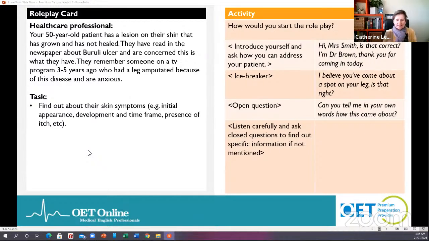Then we're going to listen to their answer and fill in the gaps. So we want to find out as much as possible here, perhaps about the initial appearance of the skin symptoms, how it developed, what was the time frame, other things happening like an itch.